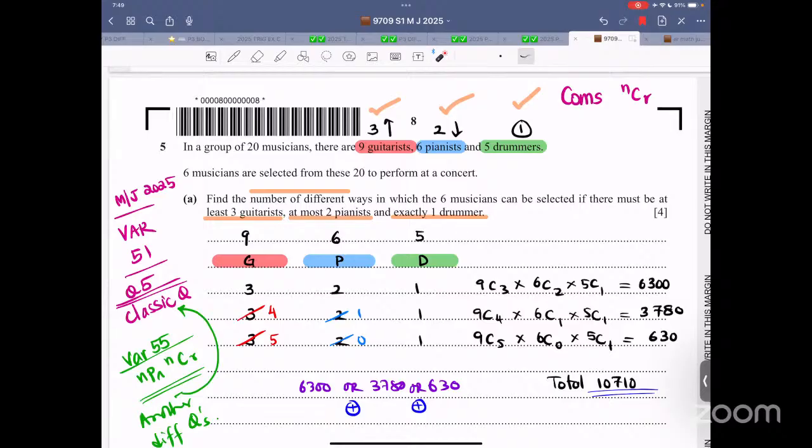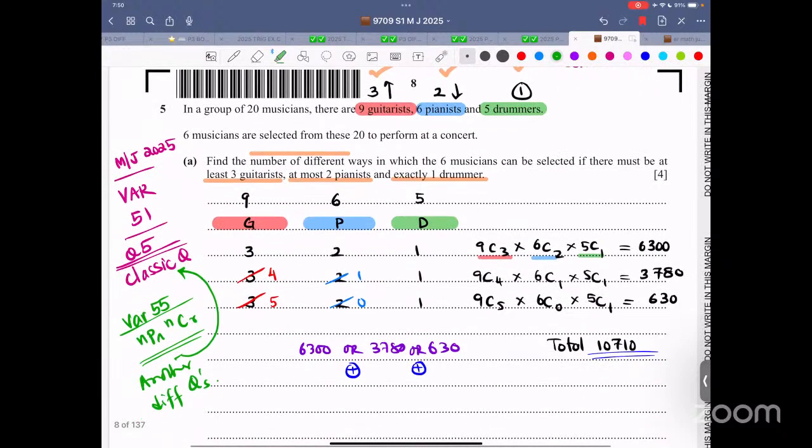So now over here, it says that from 9 select 3, from 6 select 2, from 5 select 1. That is exactly what's written over here. So now over here, what do we have? From 9 we select 3, and then from 6 we select 2, and then from 5 we select 1. Similarly over here, 5C1, 5C1, that is fixed.